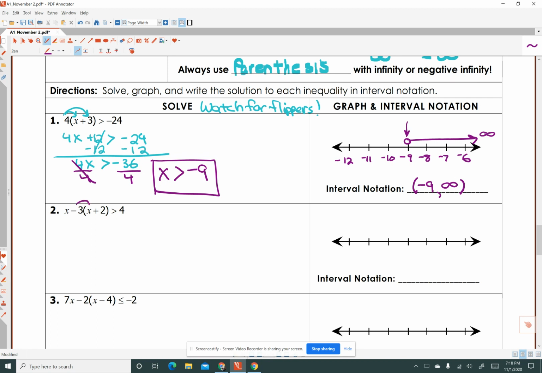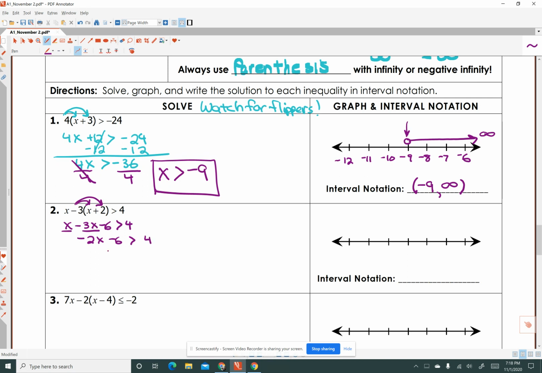We need to distribute. We're distributing a negative 3. So we have x minus 3x minus 6 is greater than 4. We can combine x minus 3x for negative 2x minus 6 is greater than 4.